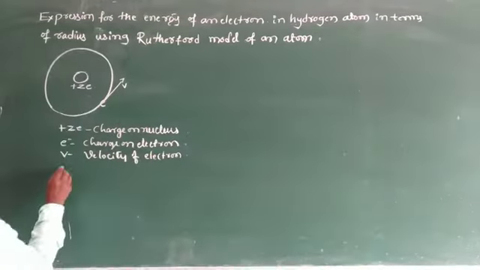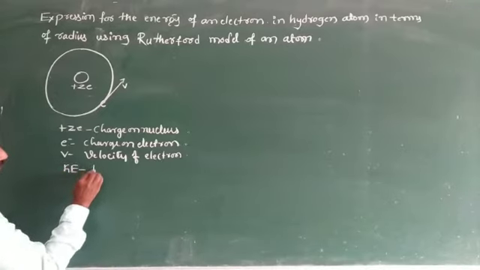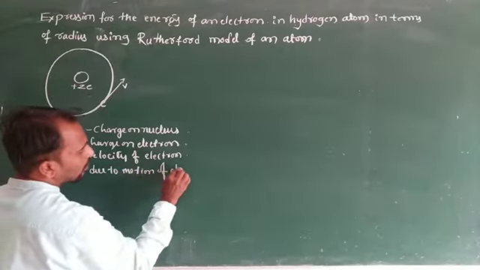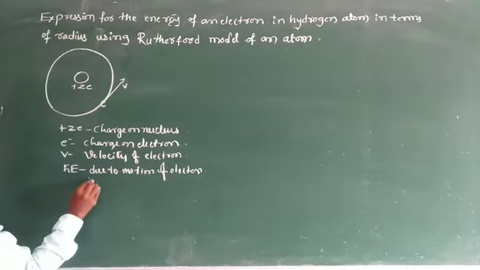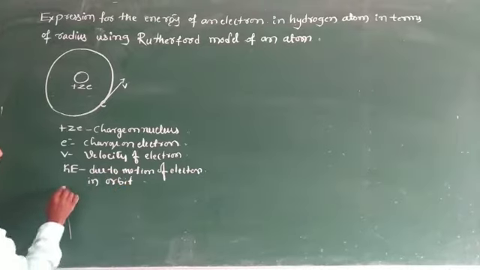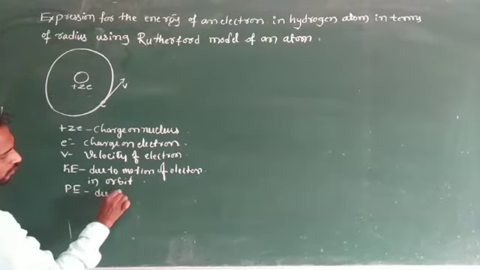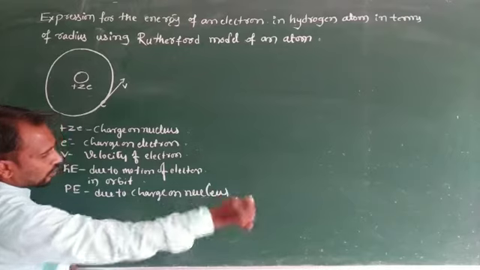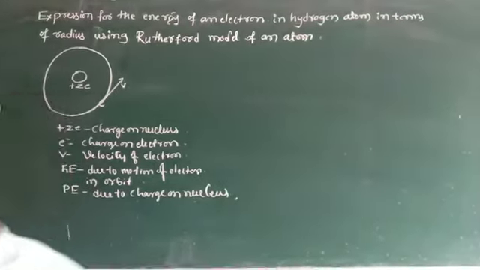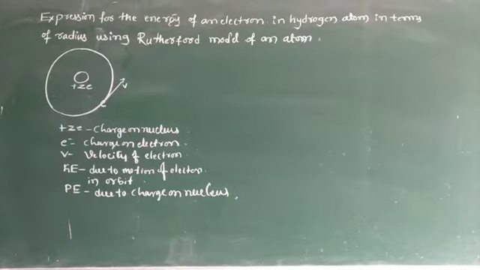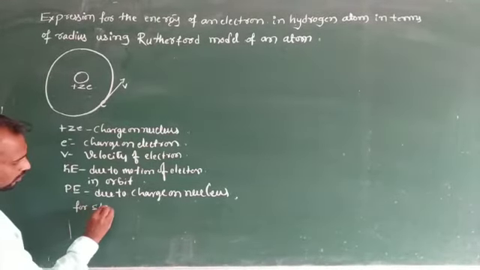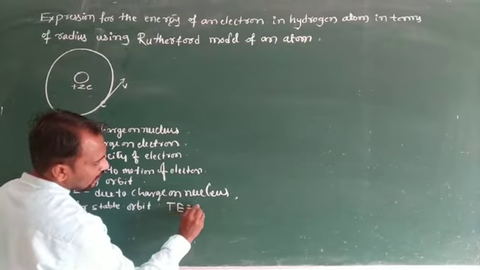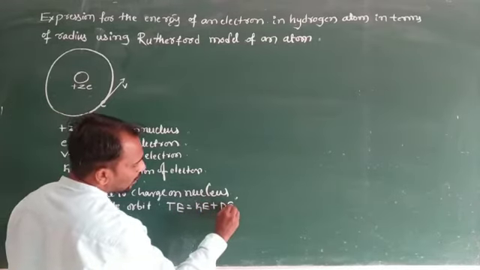The kinetic energy is due to the motion of the electron in the orbit, and the potential energy is due to the charge on the nucleus. For a stable orbit, the total energy is equal to kinetic energy plus potential energy.